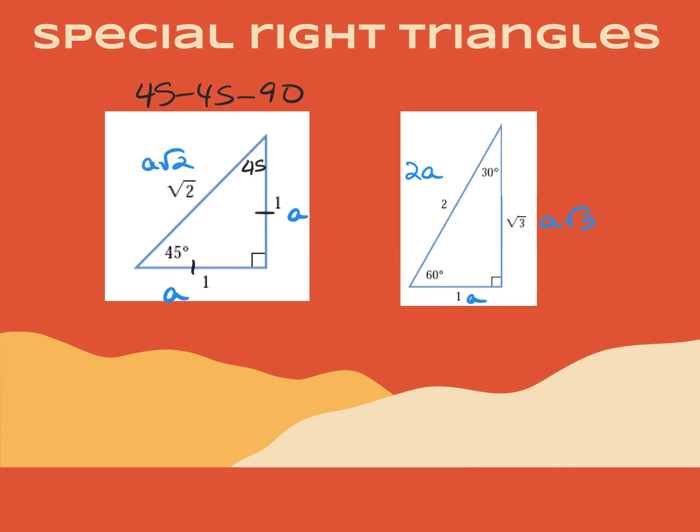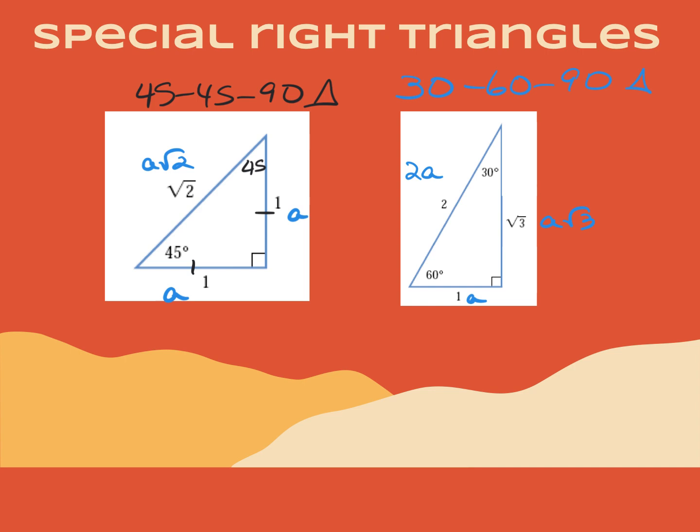Now, one thing that might help you to remember: this one is called the 30-60-90 triangle, and this one is 45-45. One way that helps me to remember which one gets the square root of 2 is that in the 45-45, notice there are 2 of the same angles.